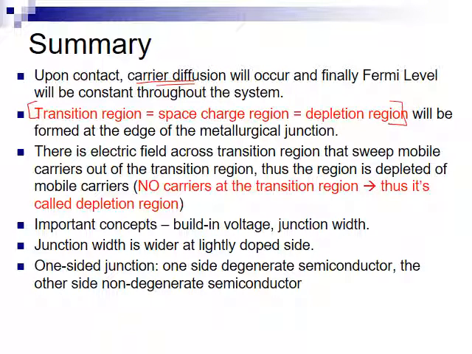The width of this region is called junction width, which is larger at the side having lighter doping. And finally, there is also a type of PN junction, which is one-sided PN junction. This PN junction has a degenerate material on one side and a non-degenerate material on the other side.